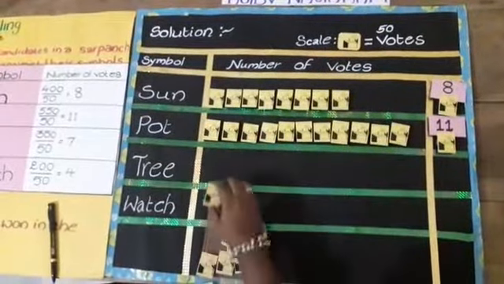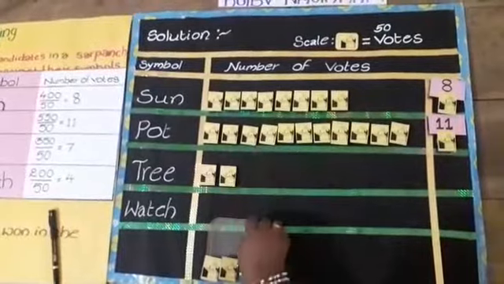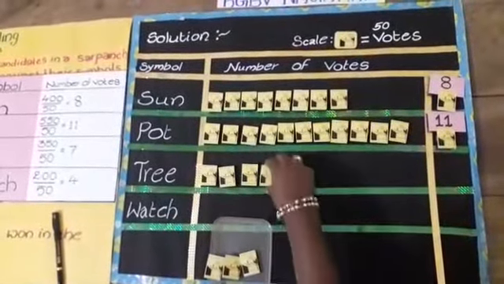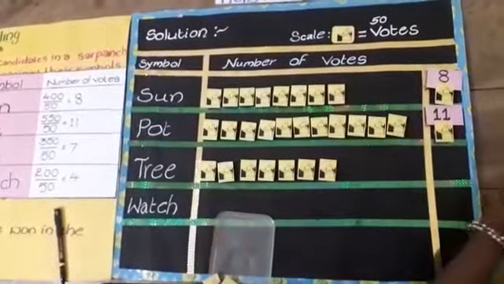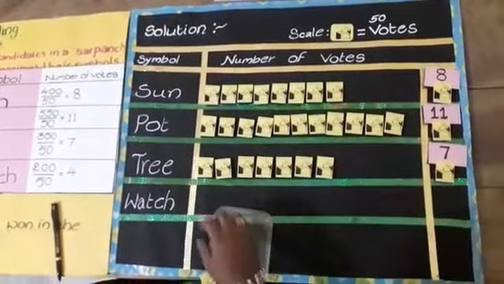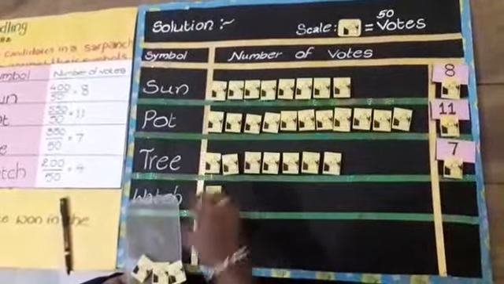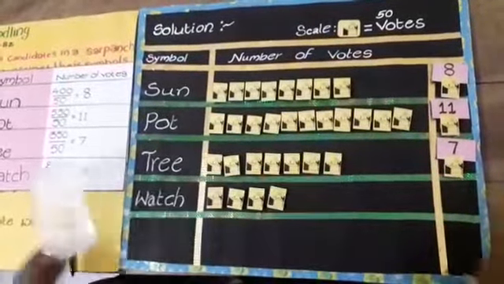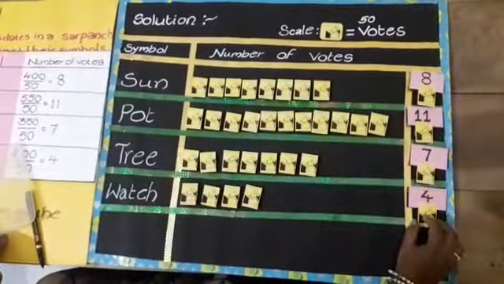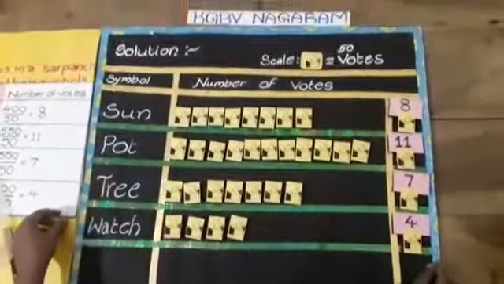Now tree, 7 vote symbols. And watch, 4 vote symbols. We are arranging 4 vote symbols. This is the preparation of the pictograph, students.